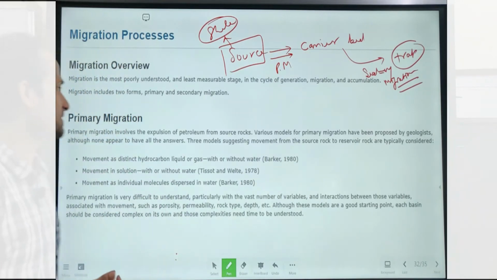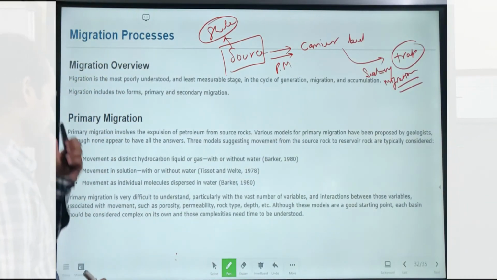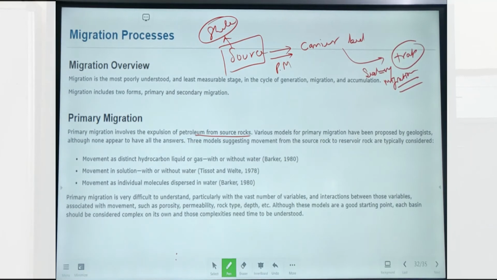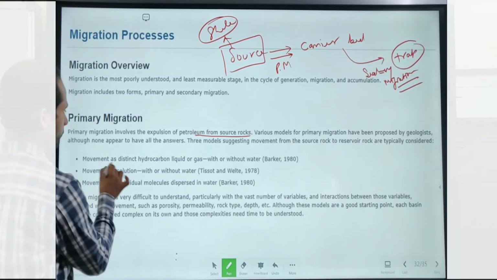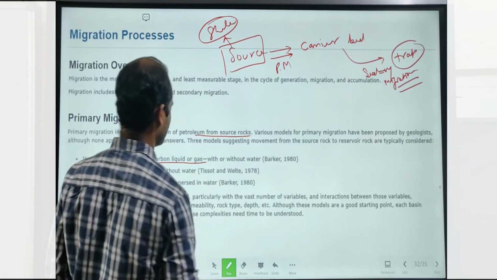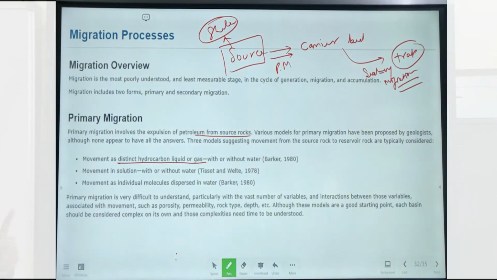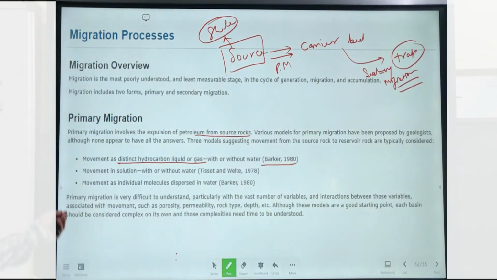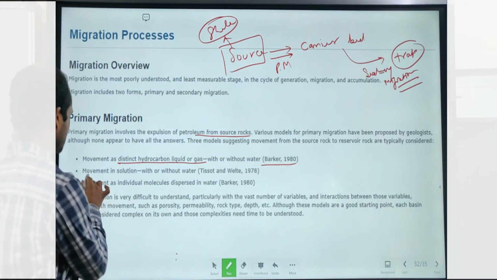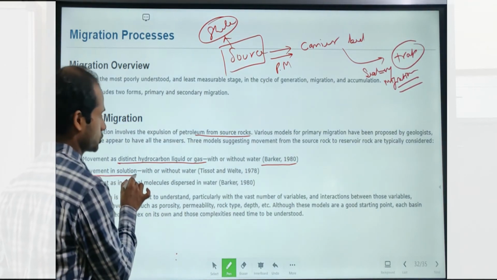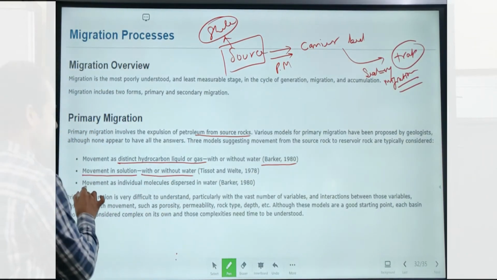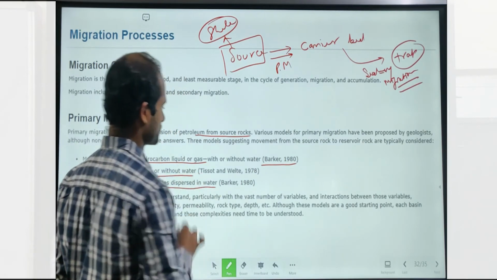Over here we have mentioned three main theories, that the primary migration from the source is in the form of movement of distinct hydrocarbon liquid or gases with or without water. There is one theory which is given by Barker 1980, and there is another theory that suggests movement in solution with or without water, and the third theory says movement as individual molecules dispersed in water.